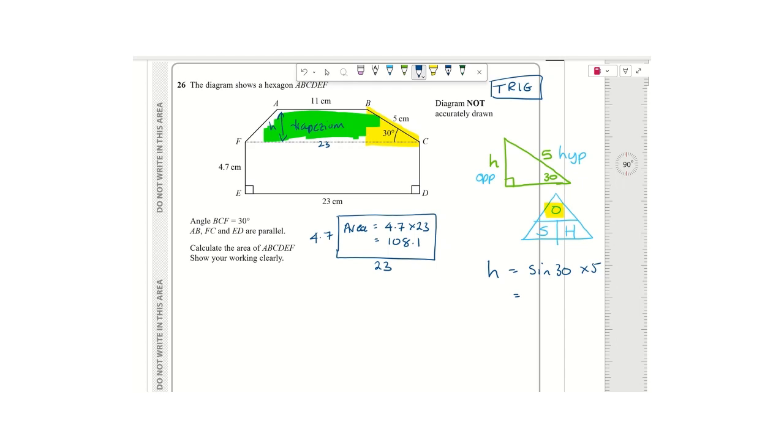which will come out to be, not what I just typed into my calculator, that's better, 2.5. So now I've got a trapezium where I know this is 23, this is 11, and this is 2.5.